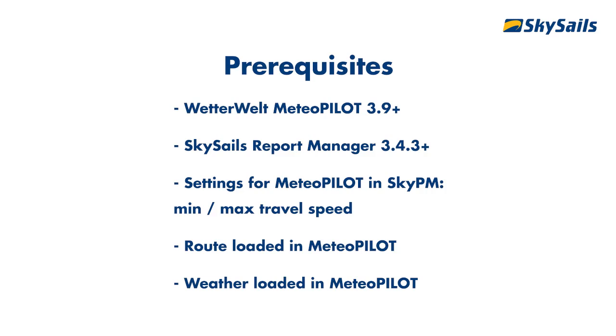The SkySails Performance Manager in version 3.4.3 or higher has to be installed and configured on board. This includes the minimum and maximum travel speed of your vessel. A route has to be loaded in Wetterwelt Meteopilot as well as up-to-date weather information.